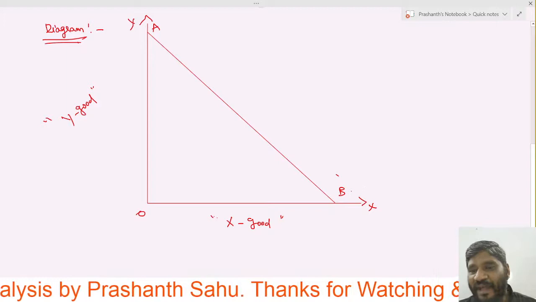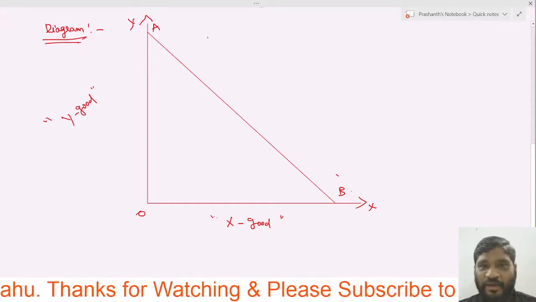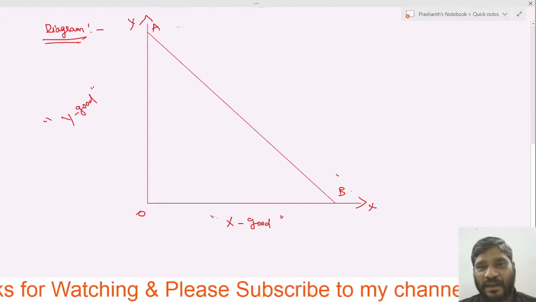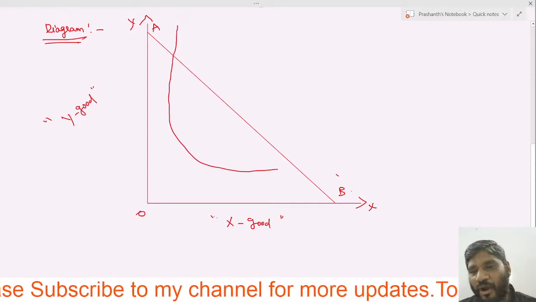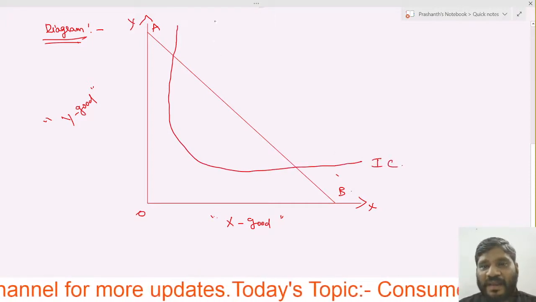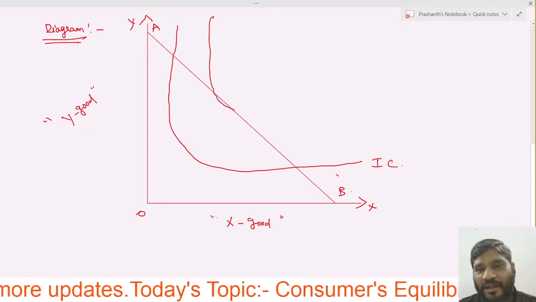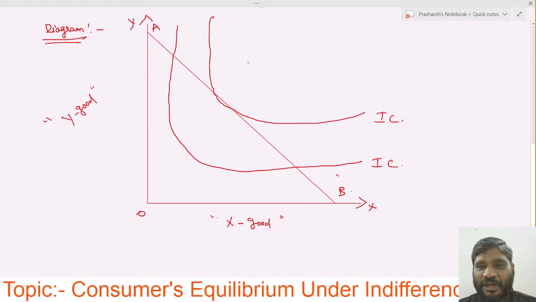Now what do we require? Number two, the indifference curve, isn't it? So let us take out those indifference curves. Here I have drawn one indifference curve. Next, another one I have drawn. This is IC2.